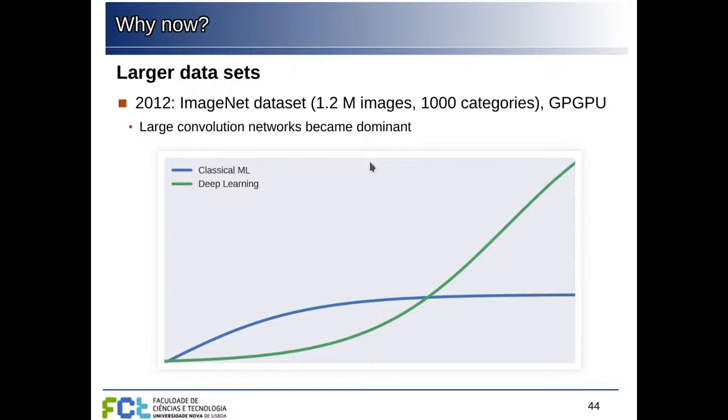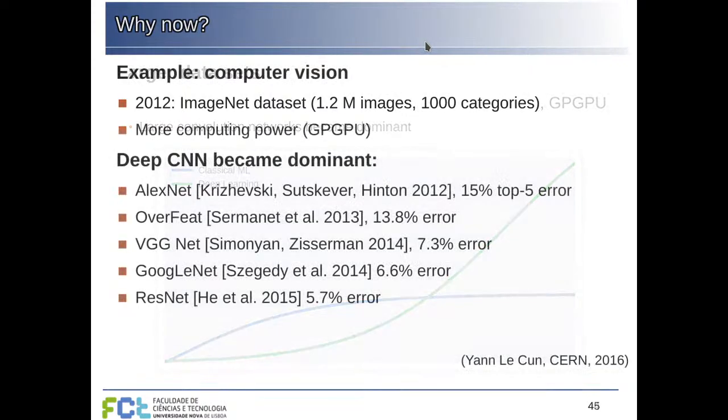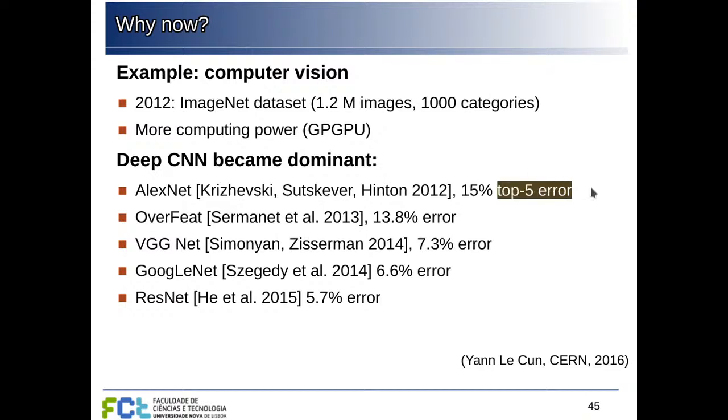From this point onwards, those classical computer vision approaches where humans specify the kind of features we extract no longer could compete with deep models. In 2012, the top 5 error was 15%, which means that in 15% of the cases, there was no accurate guess in the top 5 categories the network proposed.